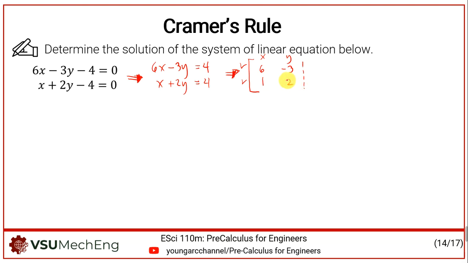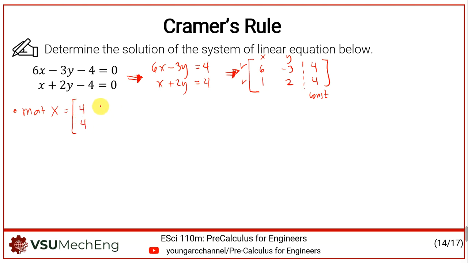Then separate the coefficients from the constant using this dashed line. So we have 4 and 4. This is the constant column. Next, generate the matrices. For matrix x, for the x variable, replace the first column by the elements under the constant column. So that's 4, 4.